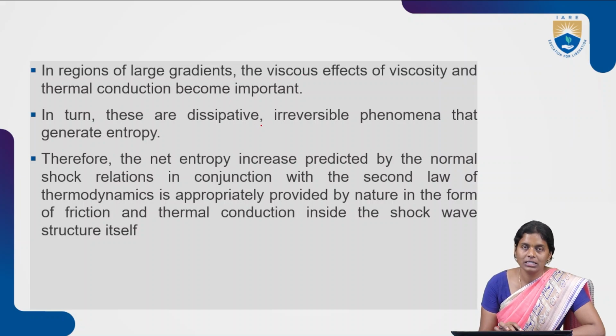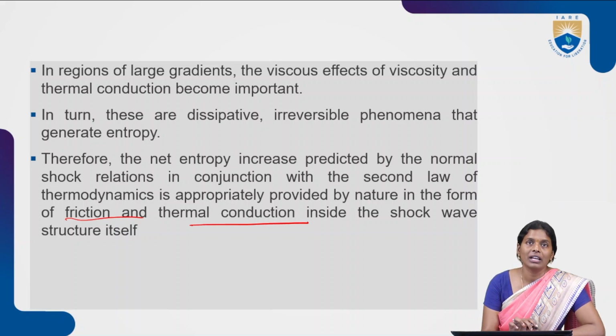In turn, these are dissipative, irreversible phenomena that generate entropy. Therefore, the net entropy increase predicted by the normal shock relations, in conjunction with the second law of thermodynamics, is appropriately provided by nature in the form of friction and thermal conduction inside the shock wave structure itself.